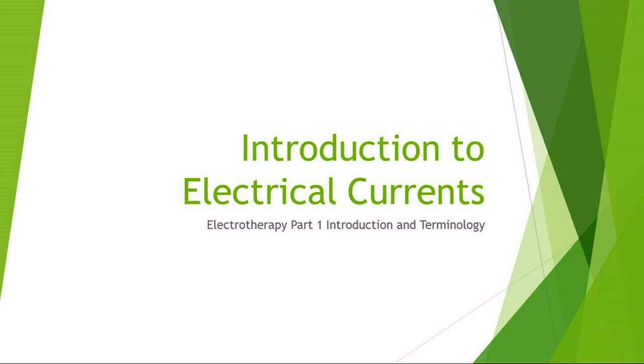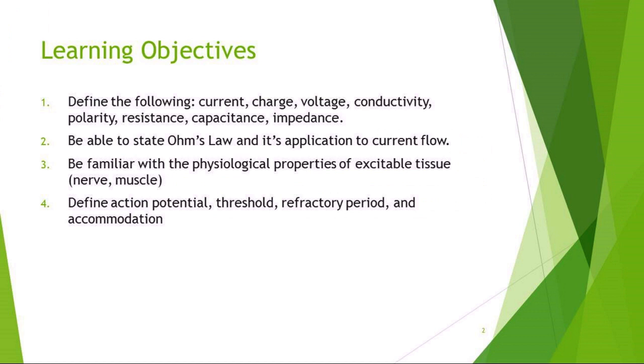So the learning objectives for this section are to define the following terminology: current, charge, voltage, conductivity, polarity, resistance, capacitance, and impedance. I want you to be able to state Ohm's Law and its application to current flow. Basically, Ohm's Law talks about how voltage and resistance affect current flow.